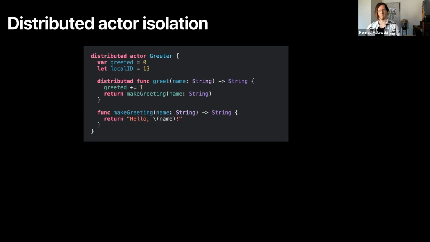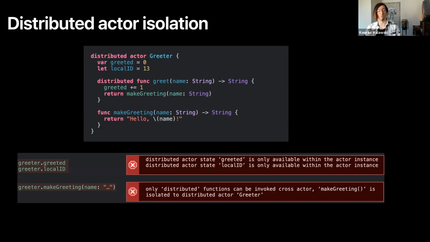Similar to the previous example, a distributed actor is an actor. So the var greeted is isolated the same way you would expect, but there's two additional rules to isolation. In what I will call quote unquote local only actors, the access to the let local ID 13 would be allowed because we have the guarantee that this is a constant property of a sendable type.